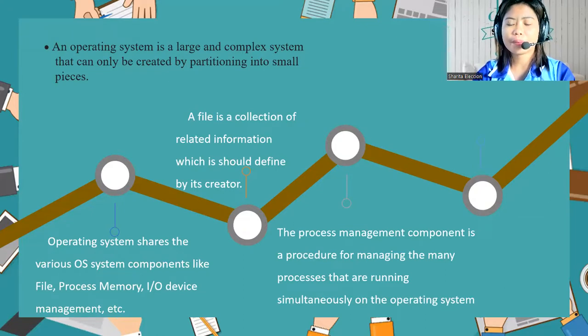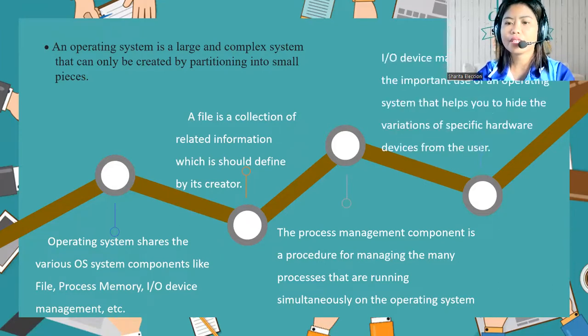Next, the process management component is a procedure for managing the many processes that are running simultaneously on the operating system. That's why the operating system needs components to manage the whole system.